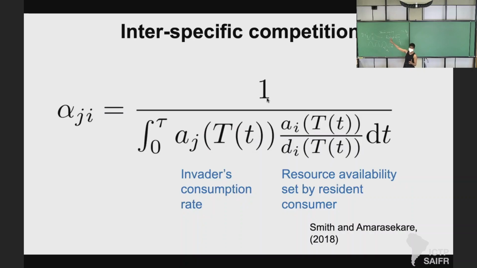Forget about the mathematics. Think about this. What does competitive ability really mean? There is some resource out there, so its availability matters, right? That's where your competitor might reduce it to a level at which you cannot exploit it, right? That's the R-star thing.